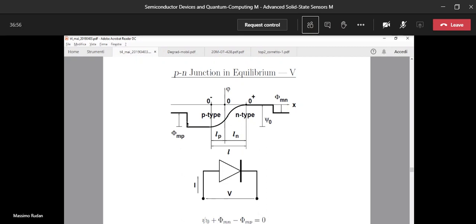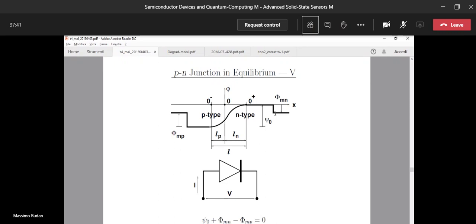And this discontinuity is different from the other one because this is a p-type semiconductor, okay? However, we assume that the metal with which the left contact is done is the same metal as on the right, okay? So the work function difference is not the same in the two contacts because the semiconductor is different. Here we have phi MP, that means the work function between a metal and a p-type semiconductor, okay?